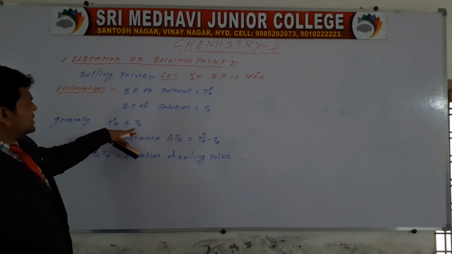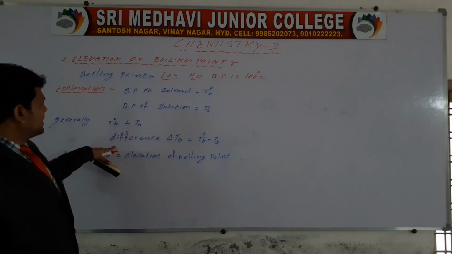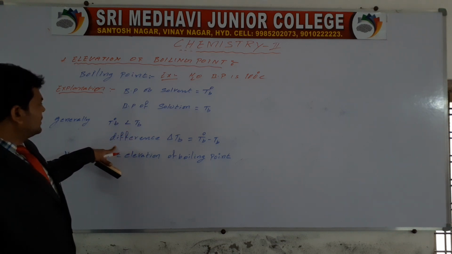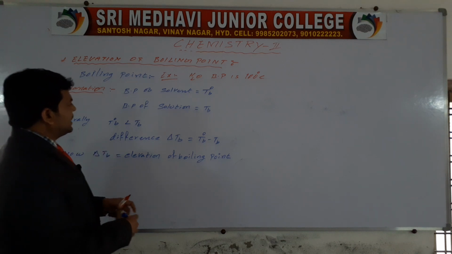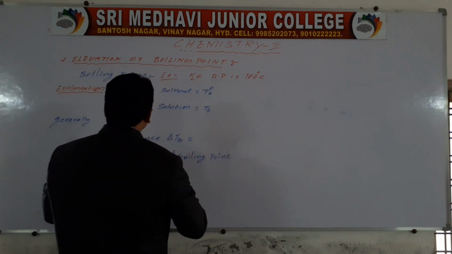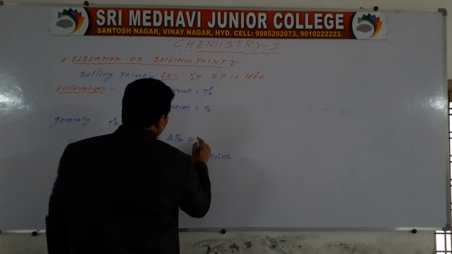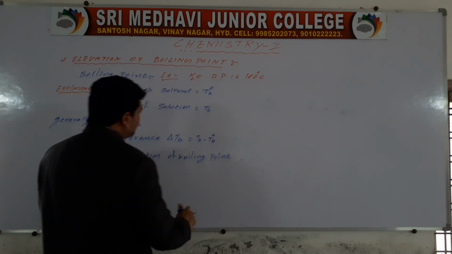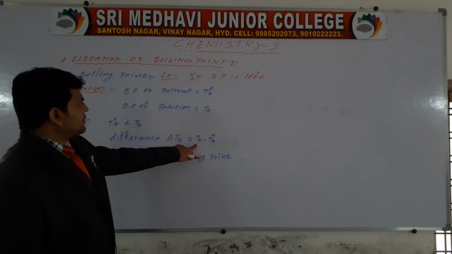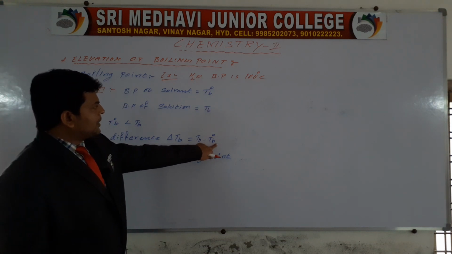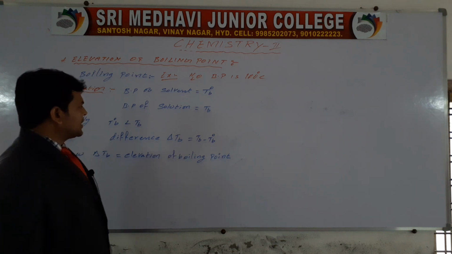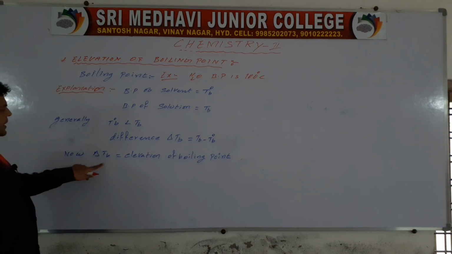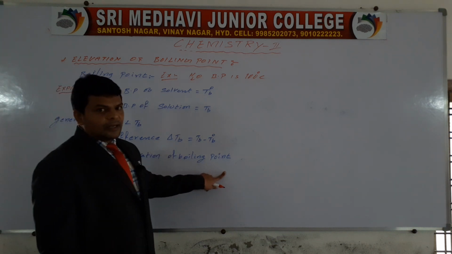Generally T naught B is less than TB, so the difference is TB minus T naught B, the boiling point of the solution minus the boiling point of the solvent. So delta TB is the elevation of boiling point.